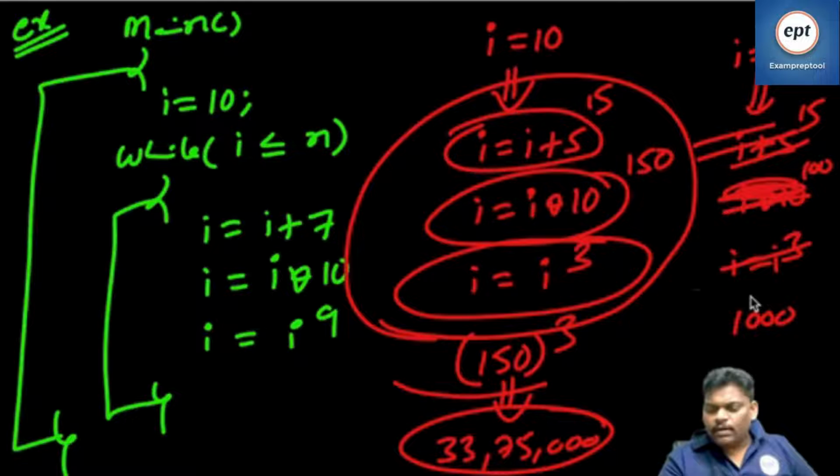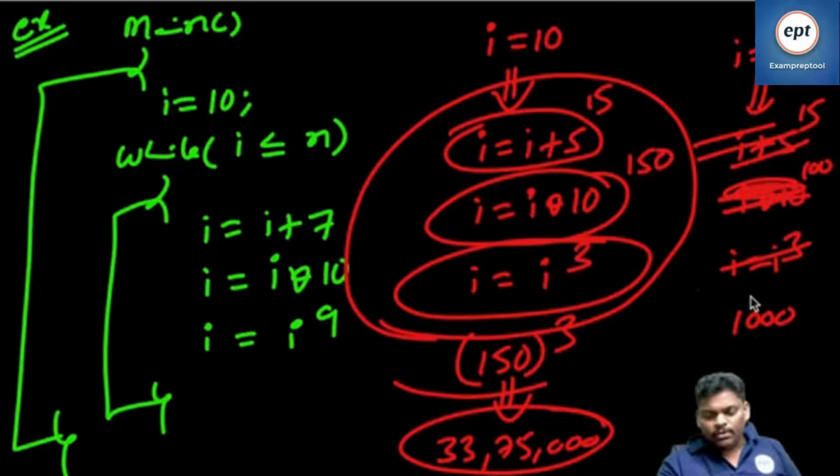So what I want to say directly is, actually in this problem, I have to do all three operations. If I do all three, this problem becomes more complex.